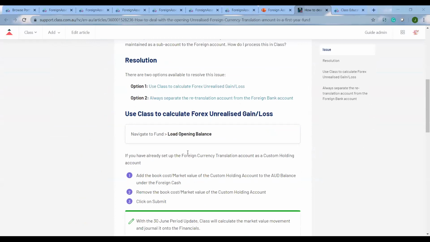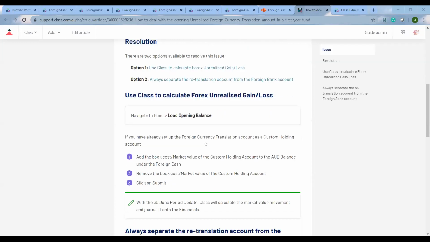If this is the case, we will need to ask you to combine this custom holding account with the foreign bank account. So you only keep one foreign bank account. So the good news is Class does keep all the original purchase cost of the cash in transactions. So you don't really need to worry if you do have any Forex realized gain or losses you need to take up. Class will still be taking up the correct balances.